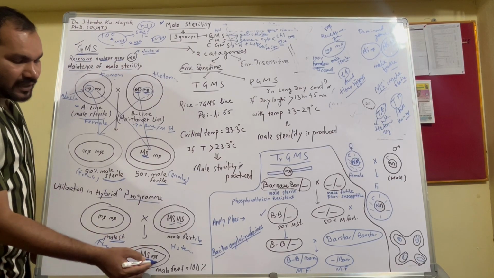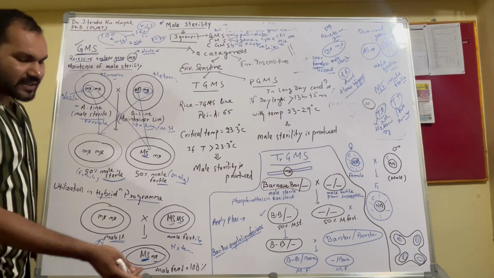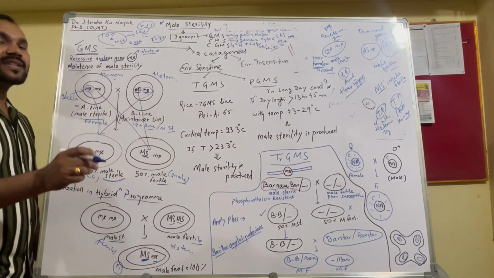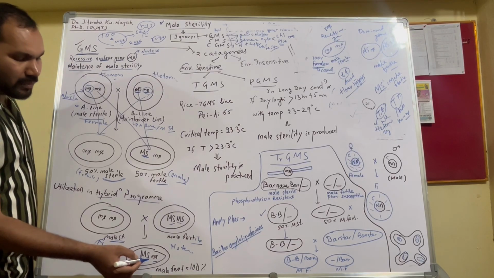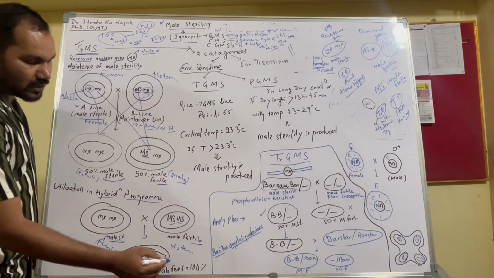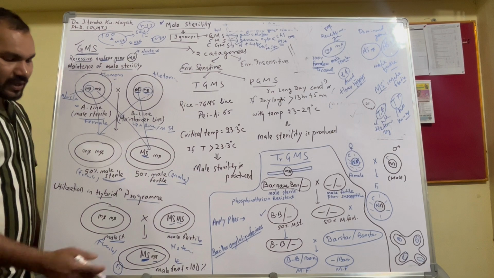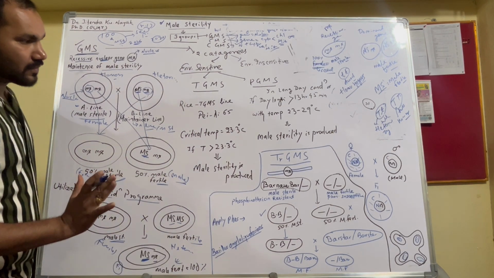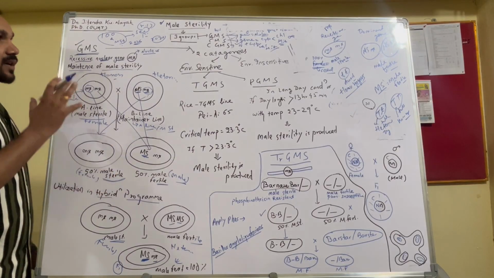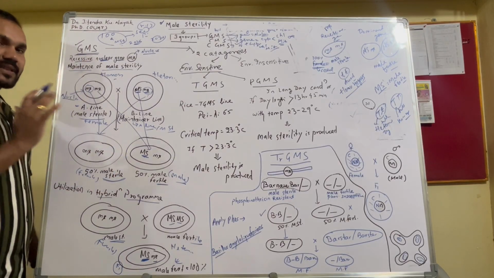One is dominant, another is recessive. As it is heterozygous, which allele will be expressed? The dominant allele will be expressed, that is, dominant will be male fertile. That is why the 100% F1 that I will get are all male fertile. So this is the concept behind genetic male sterility.